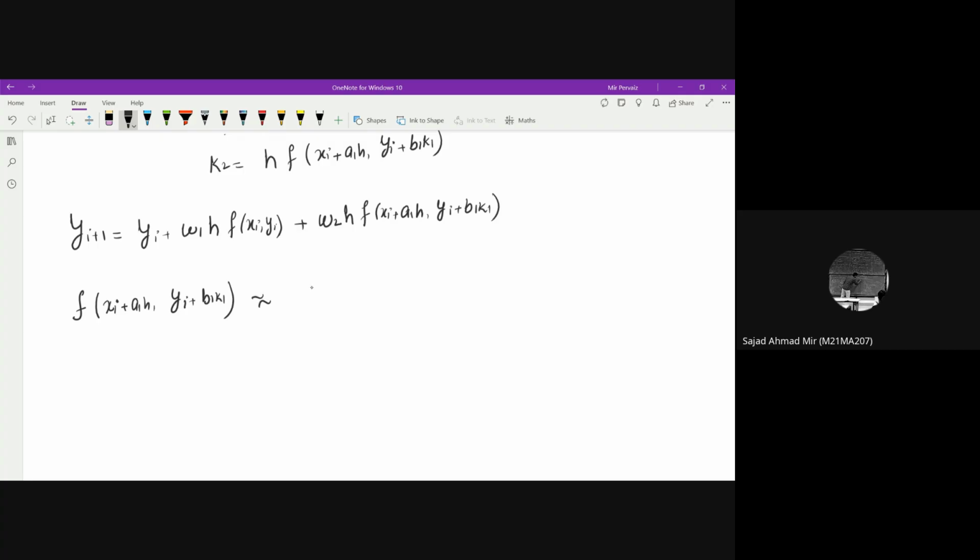What will be the two-dimensional Taylor series approximation of this function?